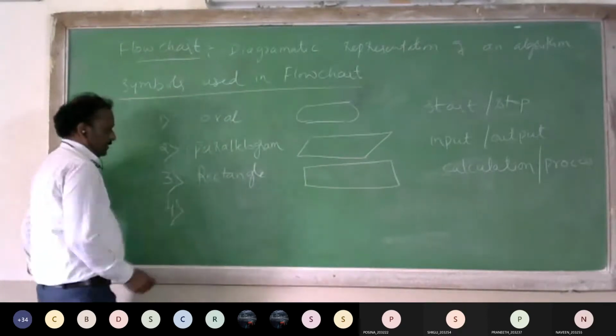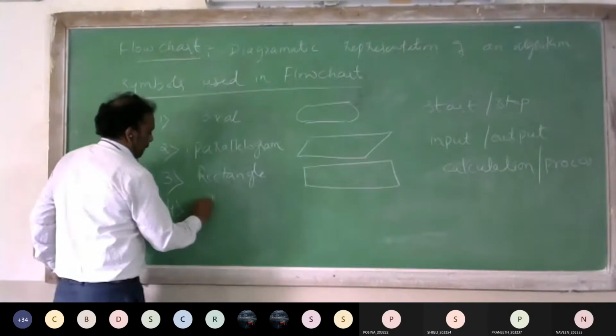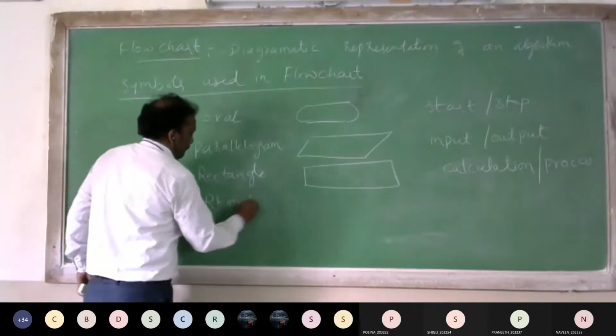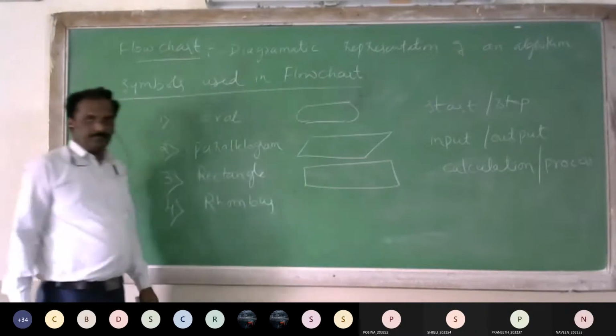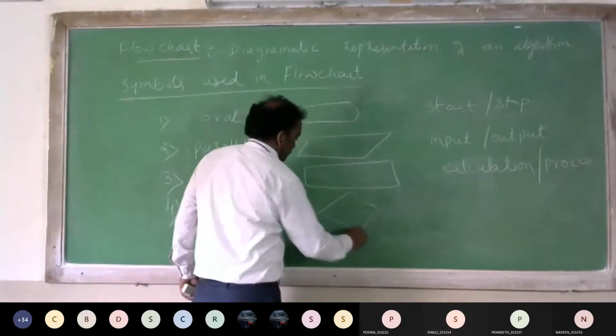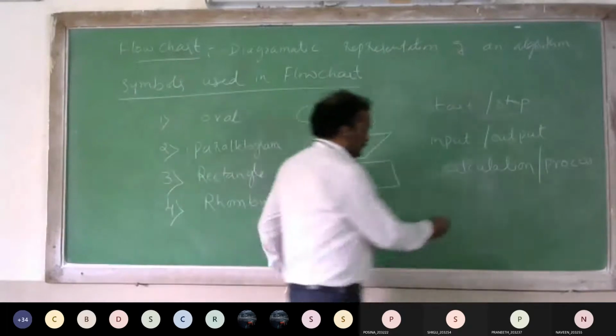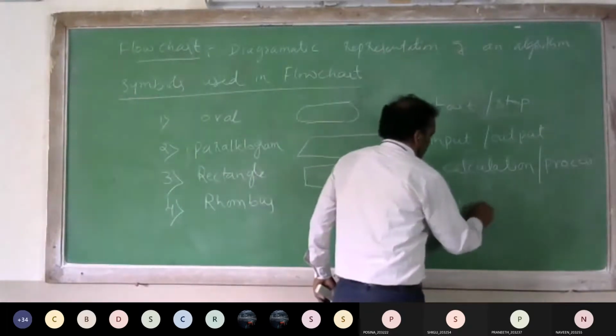The fourth one is the rhombus symbol. The rhombus symbol is used for decision making.